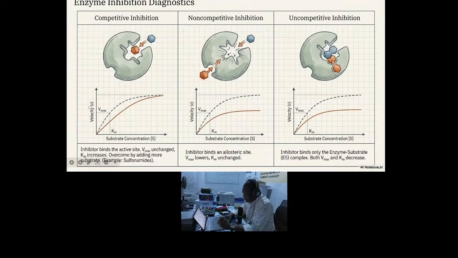This is an inhibitor. Under normal circumstances, when we talk about enzymes we move towards making progress, that is forward reaction.